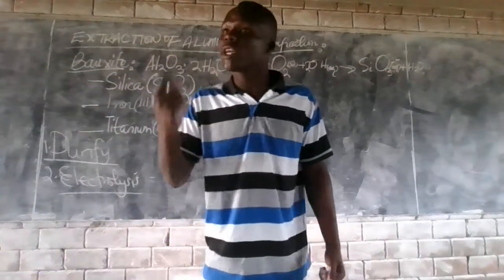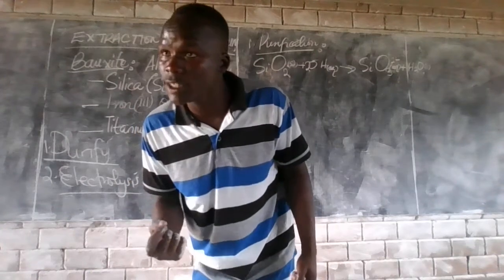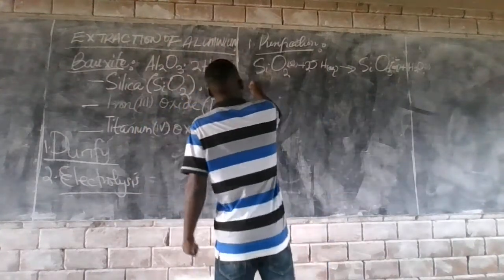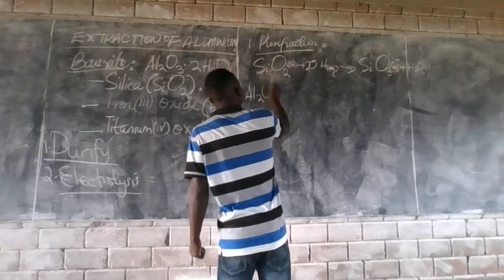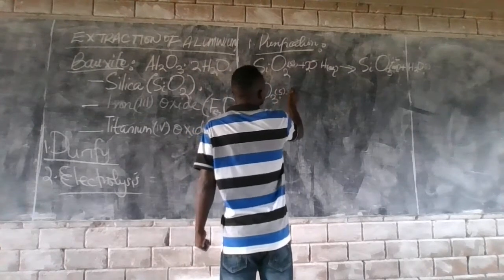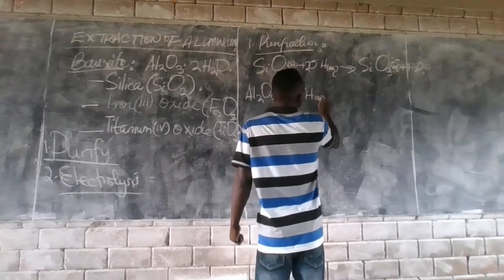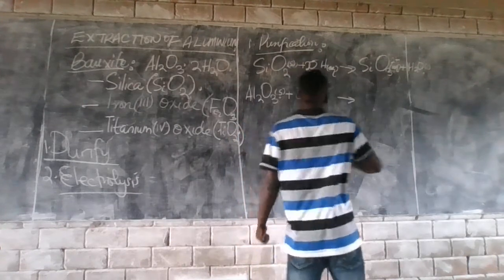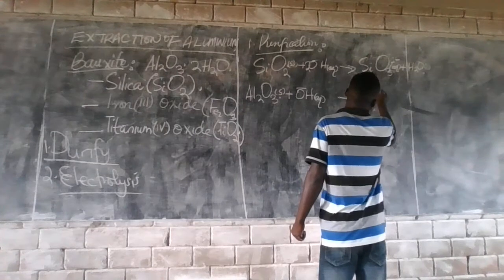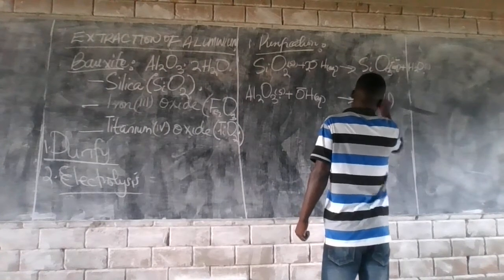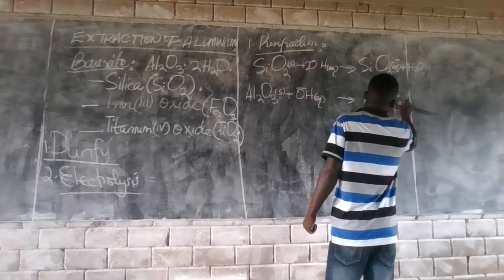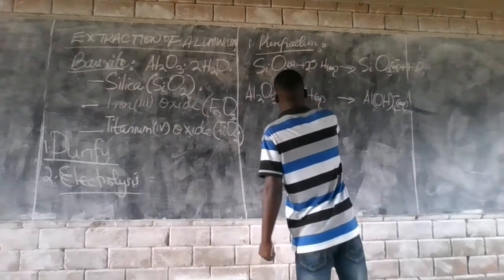But for us, we are going to write the ionic equation. So Al2O3, aluminium oxide, in solid state reacts with concentrated sodium hydroxide, will form sodium aluminate, which is Al(OH)4-. Aqueous state. We balance the charges.